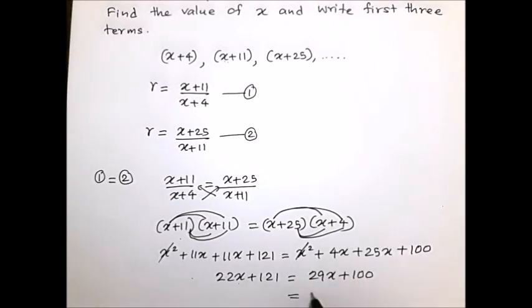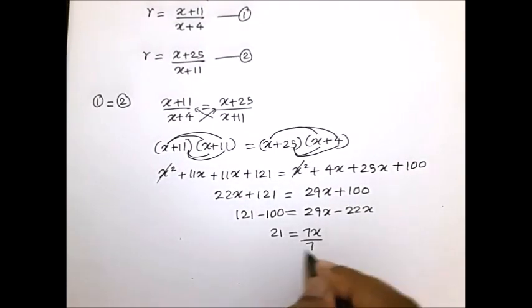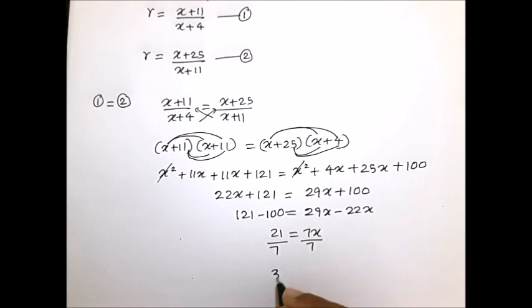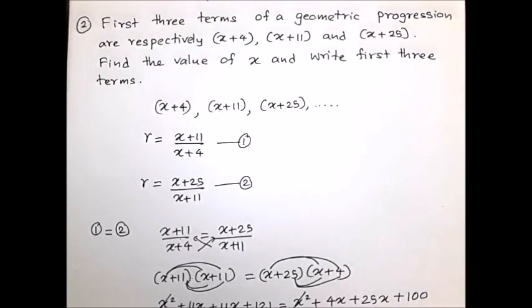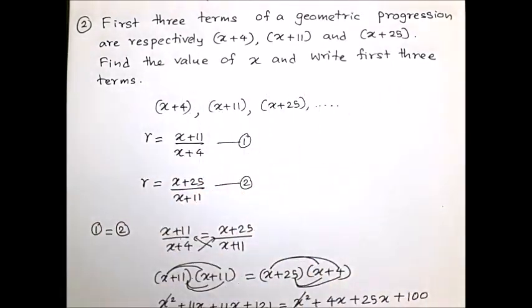Take the x terms to the right hand side and the numbers to the left hand side. 21 equals 7x. Divide both sides by 7. x equals 3. The question says find the value of x and write the first 3 terms.